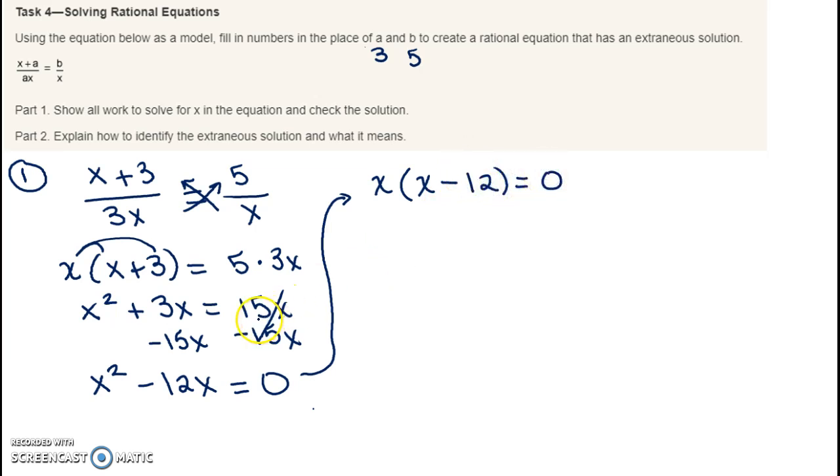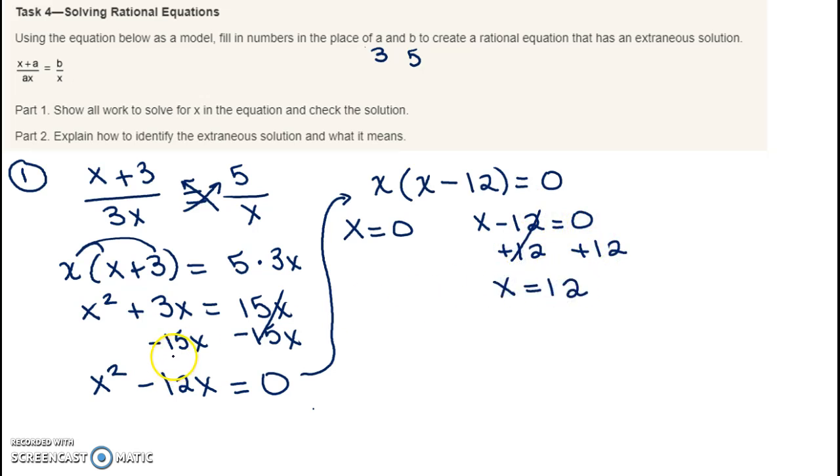And now I have x and x minus 12 are my two factors. I can set each of those equal to 0. So x equals 0. That's one of my solutions. And x minus 12 equals 0. Add 12 to both sides. x equals 12.